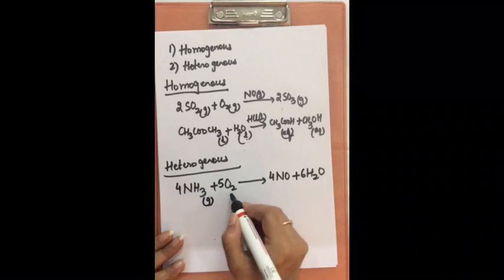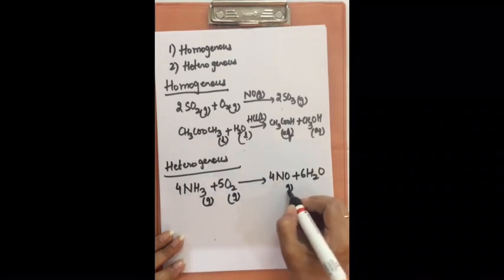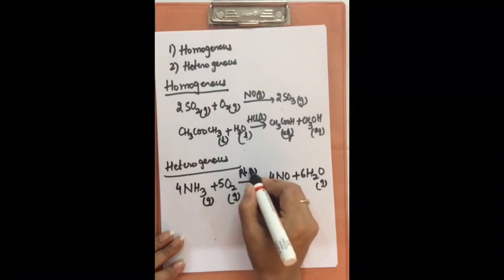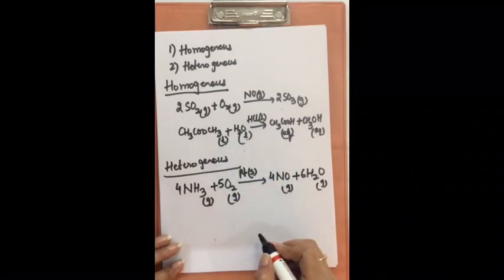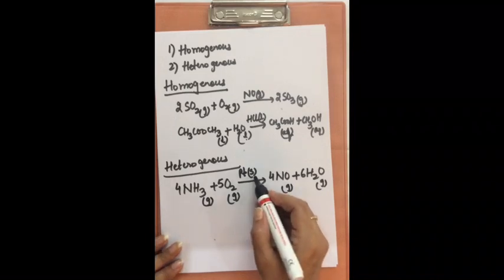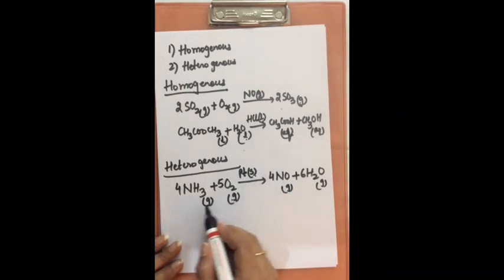Ammonia is in a gaseous state, oxygen is in a gaseous state here, while the catalyst used in this process, platinum, is in a solid state. So this is an example of heterogeneous catalysis.